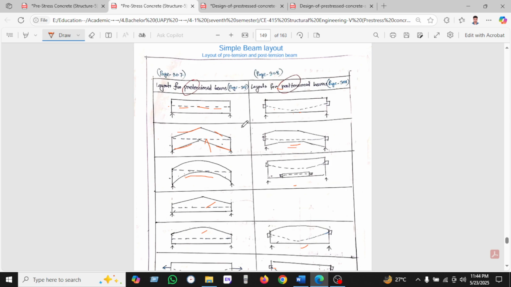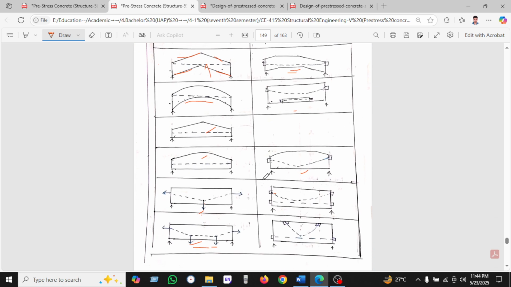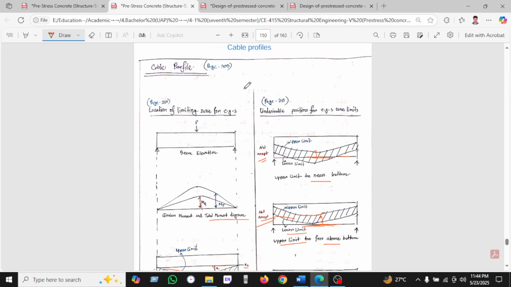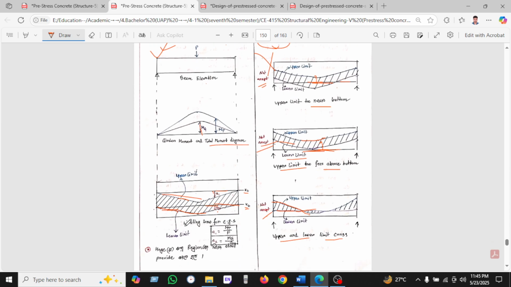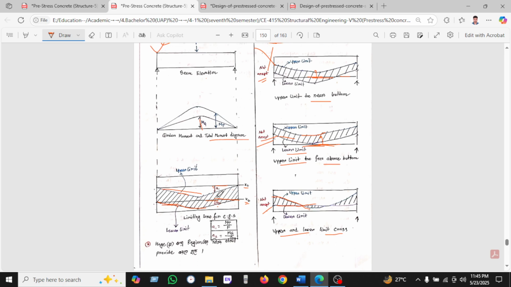And then we can see the layout of the pretension beam and the layout of the post-tension beam. These are the general layouts. And then these are important, which is called the cable profile, the location of the limiting zone. These are what we will apply. And undesirable, that means we cannot use this profile. So this is the shaded zone, we cannot use the steel there, rather we can use the steel for upper and lower, steel between the upper and lower limit.